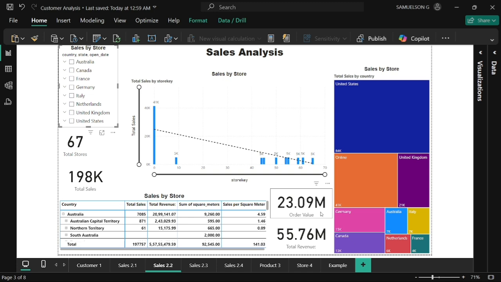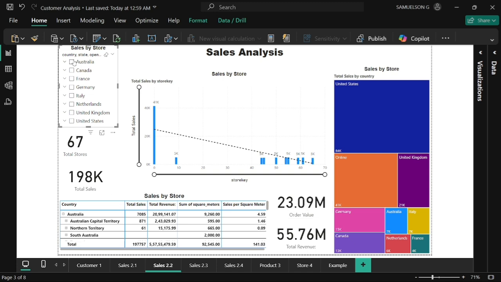But they earned 55.76 million. They have expenses also, like transportation fees and other expenses, maintenance fees for the stores. But they have a profit also. It's a profit, right? You can see that.